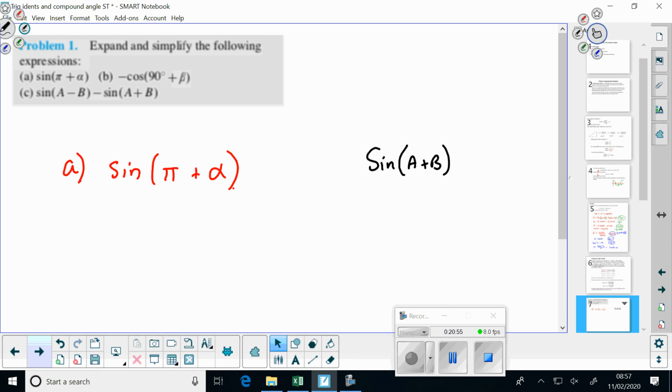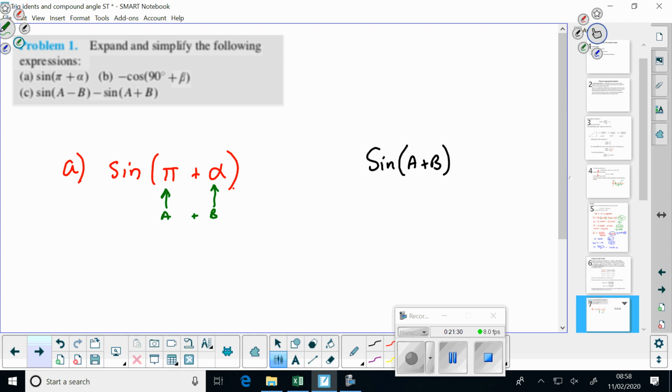So how can we write that in sine A plus B form? An A and B. We look at that identity on our sheets and we write it out in the other form.